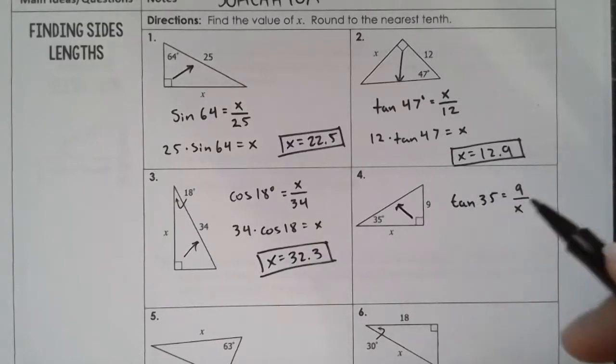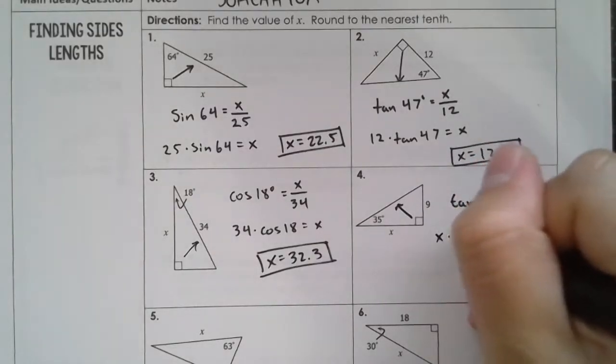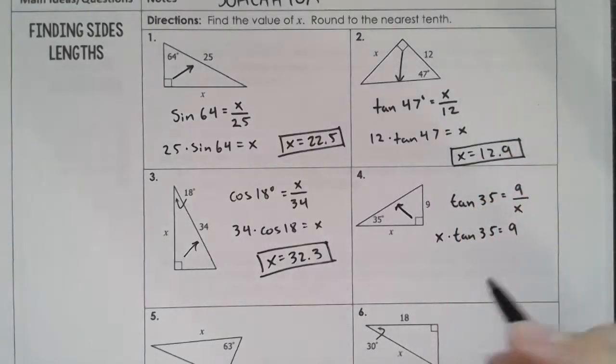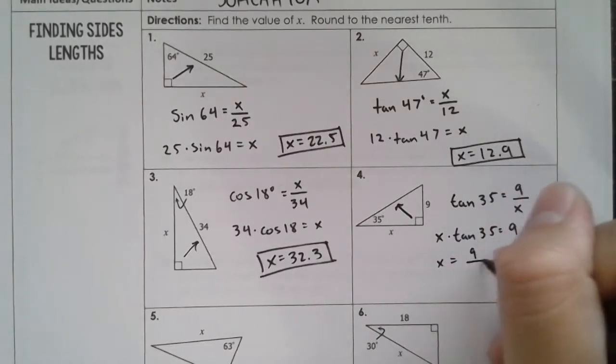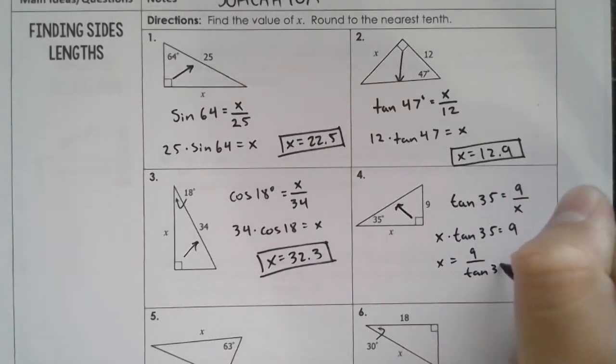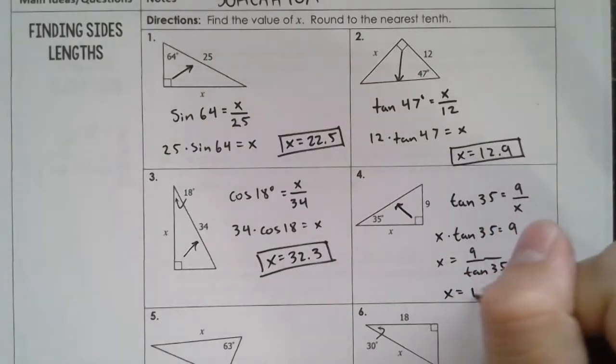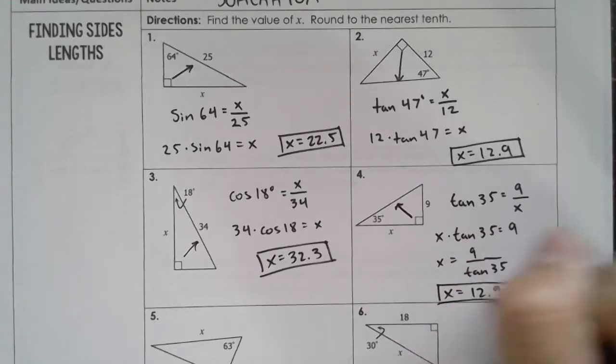I would multiply both sides by x, so that gives me x times tangent 35 is equal to 9, and then I divide by tangent 35, so x is equal to 9 over tangent 35. Put that in your calculator and you're going to get 12.85, so x is equal to 12.9.